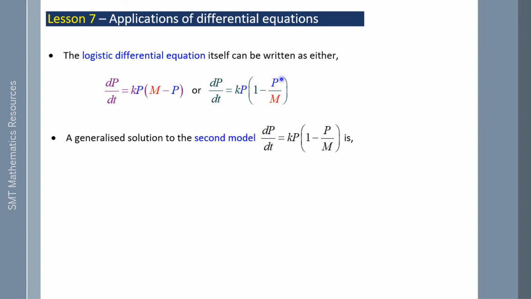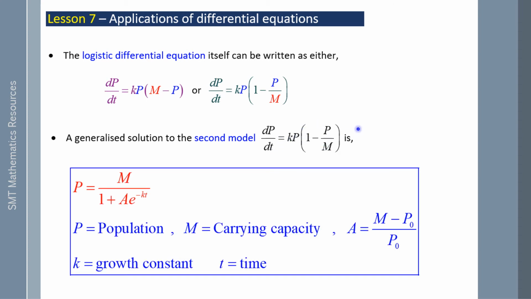A generalized solution to the second model, dp/dt equals kp(1 take p over m), is the following. So our population model is P equals m over 1 plus Ae to the negative kt. P is population, m is carrying capacity, k is the growth constant, t in most cases is time.